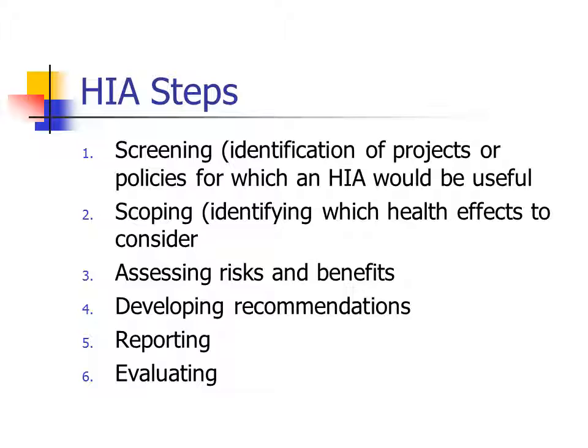And then scoping, which health effects are we going to actually consider? So of all the things identified in the first step, again, let's boil it down to the factors that are most important. Then assessing the risks and benefits, developing recommendations for what to do, reporting that out to individuals in the community and key leaders in the community, decision makers, and then evaluating.